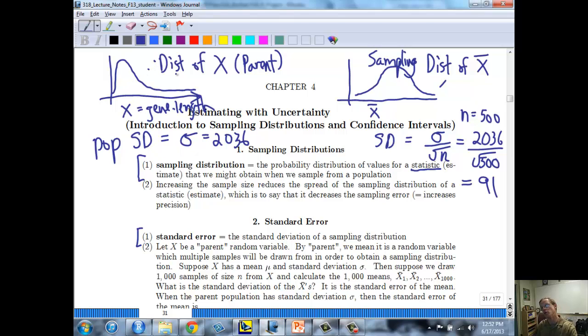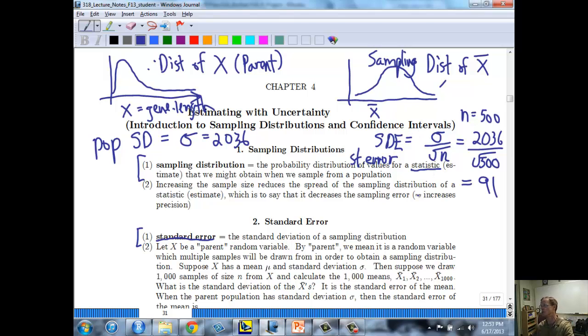Okay, so that gives us the relationship between the parent and the sampling distribution. The measure of variation of the parent is standard deviation. The measure of variation of the sampling distribution, since it's related to standard deviation, we're going to call it standard error. Okay, population standard deviation, we'll call this standard error. And so that's where this name comes in. It's simply the standard deviation of the parent.